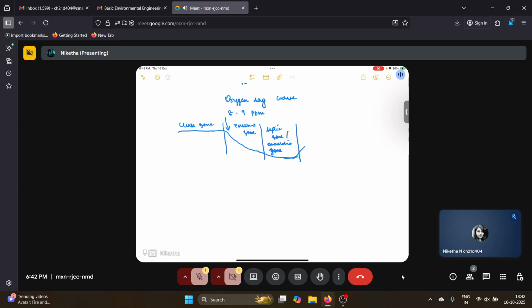So the oxygen level starts climbing up because microbes no longer need the oxygen for the degradation process. And then there is the recovery zone, where oxygen levels slowly increase, and then the level becomes equal to the clear zone. So this is again the clean zone.